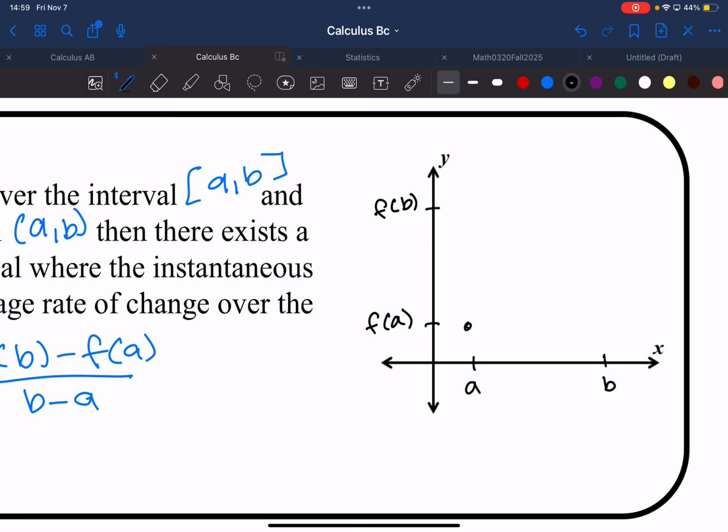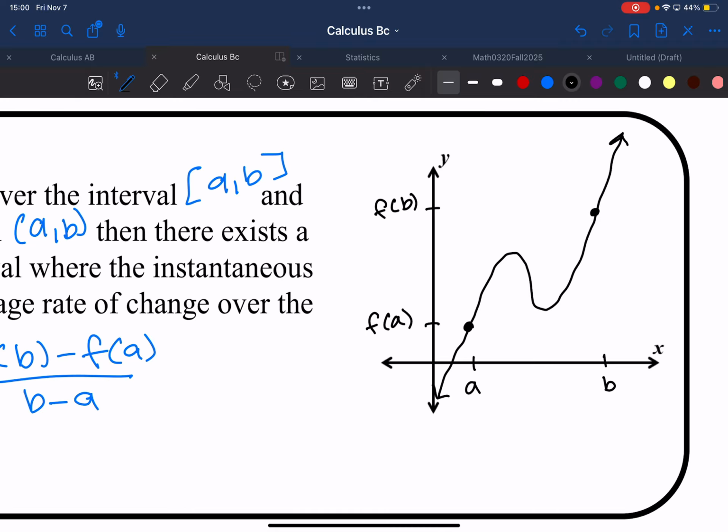Here's our first point, a, f of a, and our second point, b, f of b. And that is going to connect some sort of function. Let's say we have a function that looks like this.